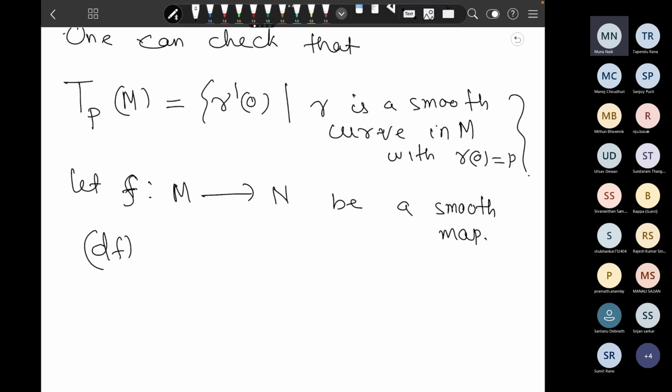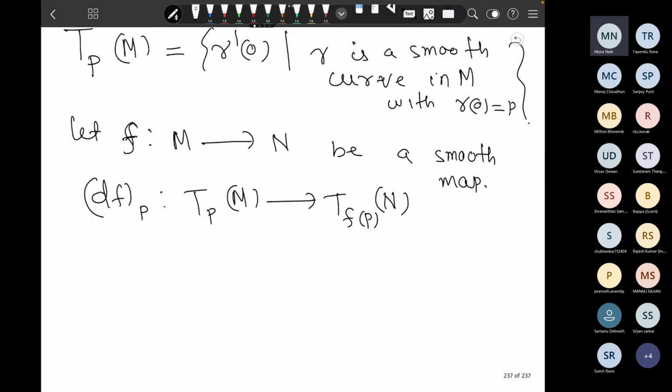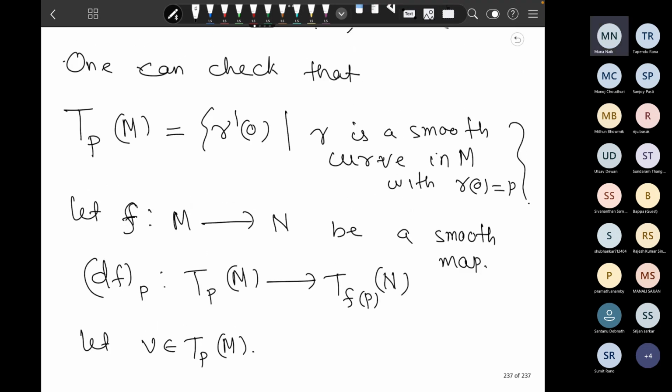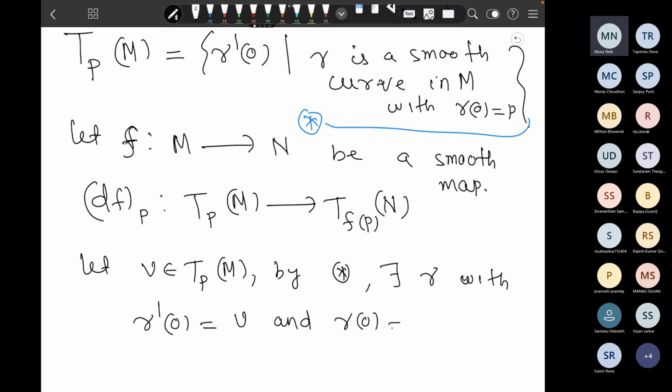So df_p is a map from T_p M to T_f(p) N. I want to give another description of df_p. So let v belong to T_p M. That means, if you have done this star, by star there exists gamma with gamma'(0) equal to v and gamma(0) equal to p.